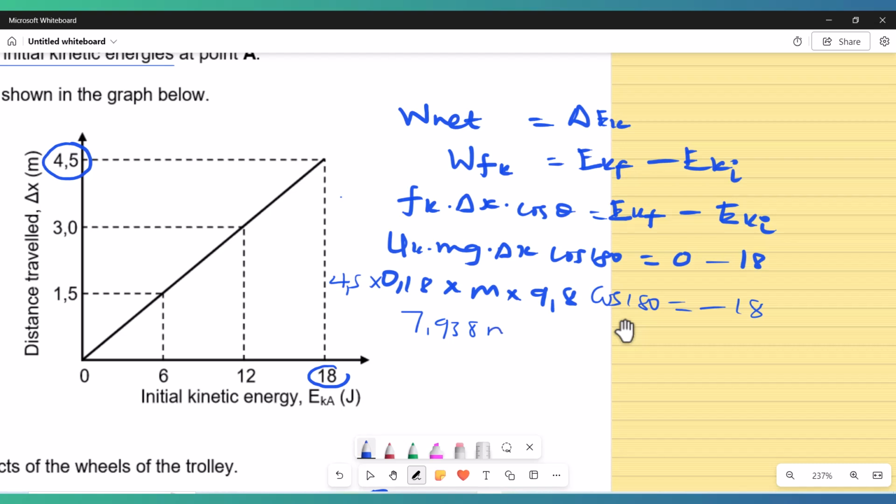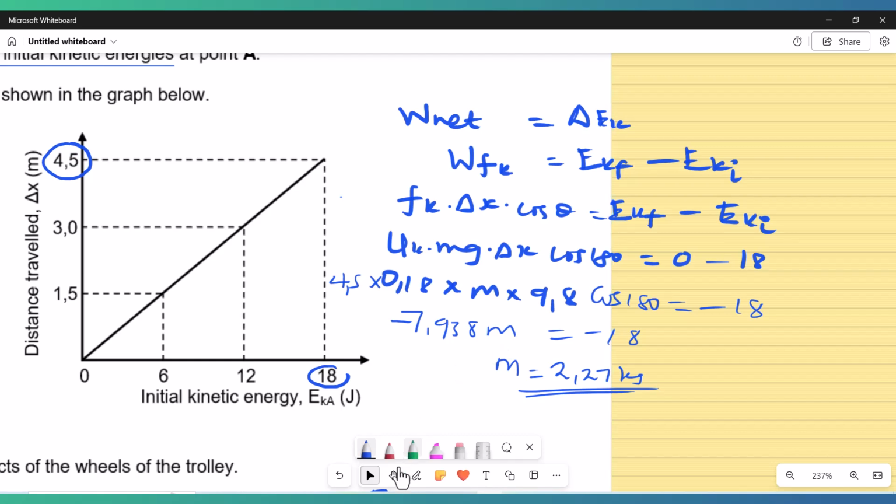Now it comes with m, but negative because of negative cos 180, so equals negative 18. So if I divide negative 18 by the answer here, I get 2,27. So my mass for the trolley is 2,27 kilograms. I hope we are together.